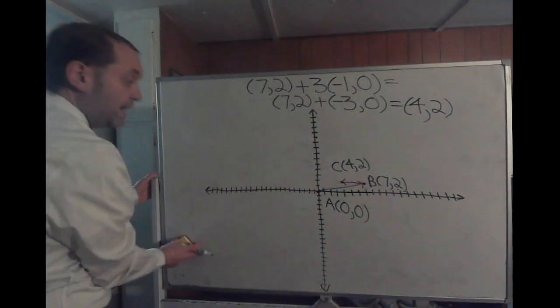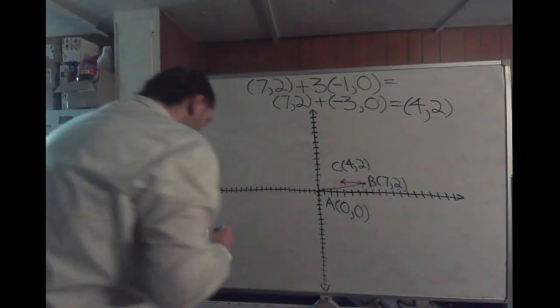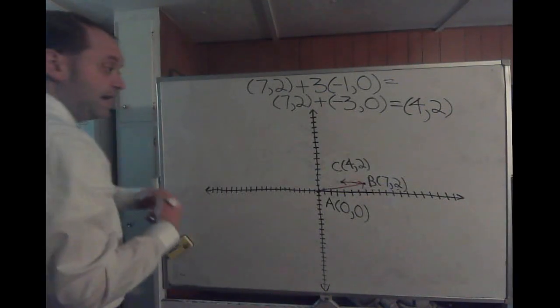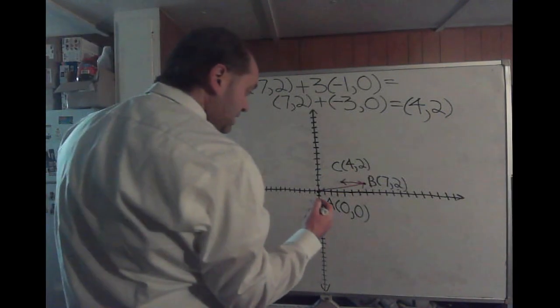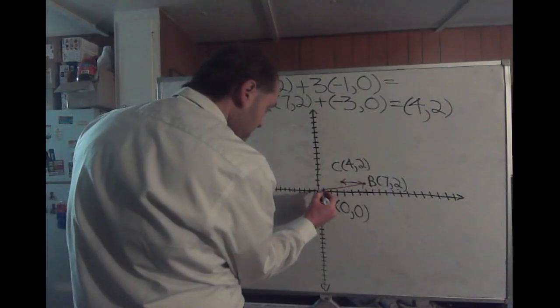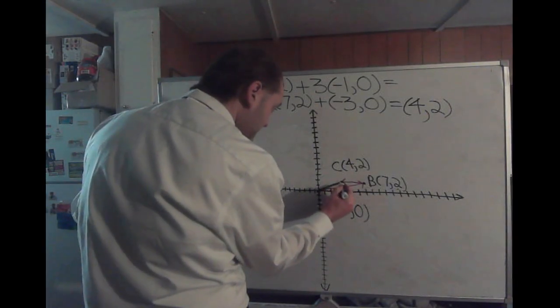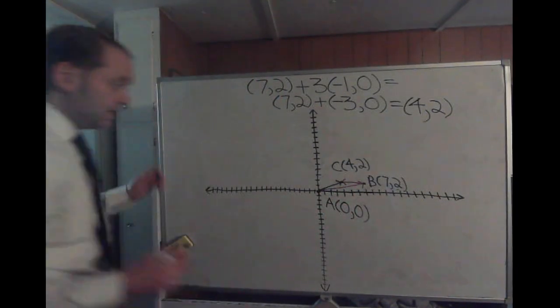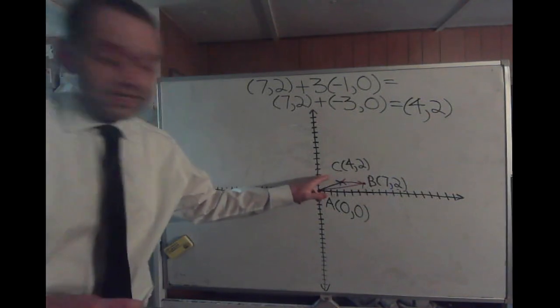Oh boy, long day. So my vector from A to C would be 4, 2. So now let's go ahead and draw the vector directly from A to C, and that's what you get.